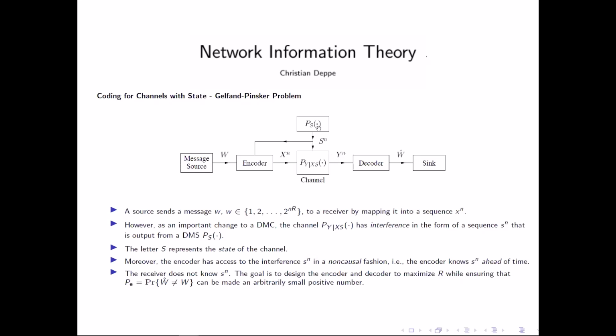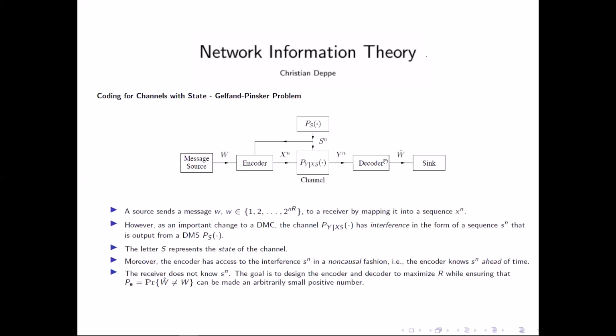So we look at this problem in a non-causal fashion. That means the encoder receives W and all states for the whole block length, he receives S^n. And then he, depending on W and S^n, creates his sequence X^n and sends it over the channel.